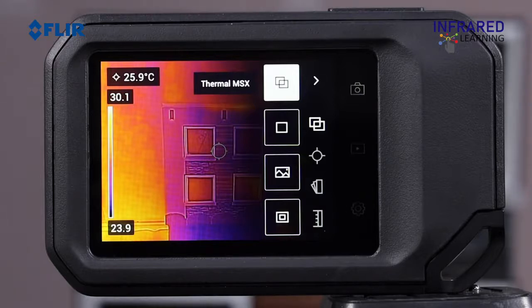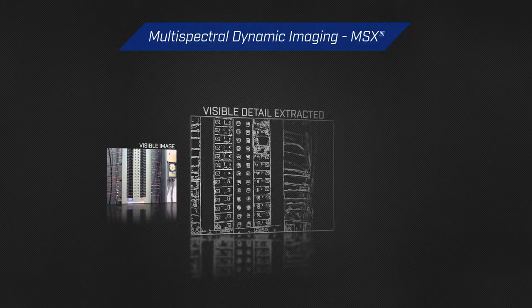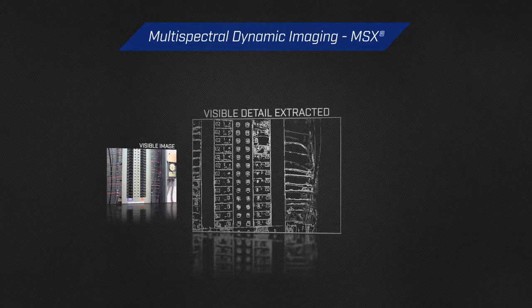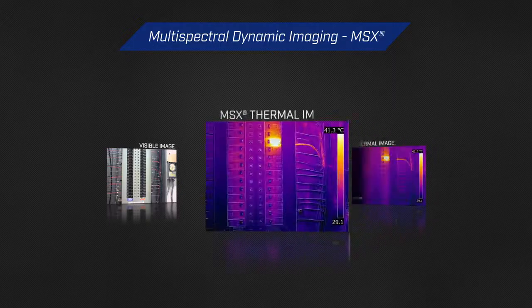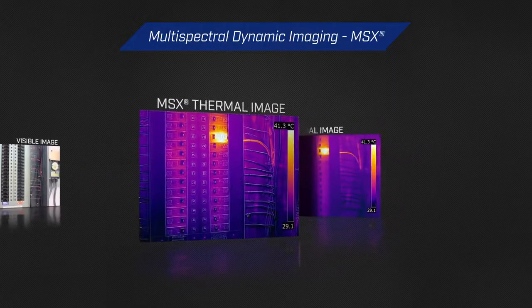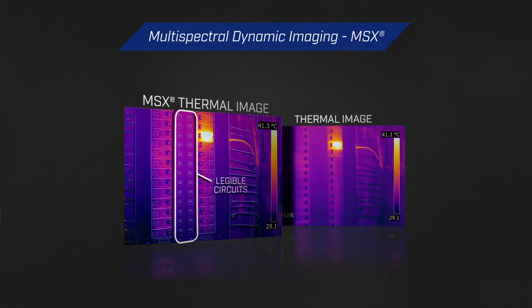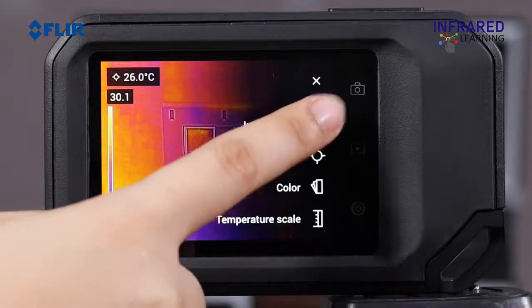Thermal MSX, or multispectral dynamic imaging, combines both the thermal and digital cameras to produce a blended image that shows physical details of an object while displaying things such as equipment tags or breaker numbers, something that a thermal imager is unable to see. Next is thermal.